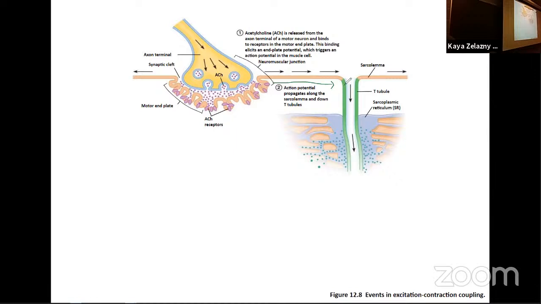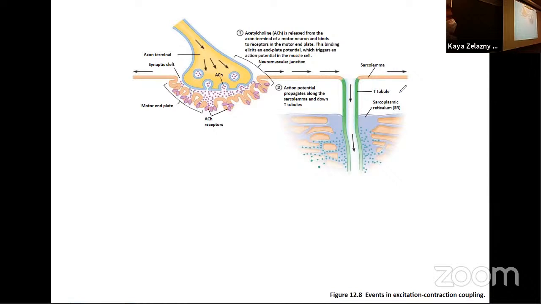Then it comes into contact with our T tubule. This is our T tubule, and it's diving into the muscle fiber where it comes into contact with the sarcoplasmic reticulum. This is the thing we referred to as our triad before. The triad was our T tubule plus two lateral sacs, the sarcoplasmic reticulum on the side.